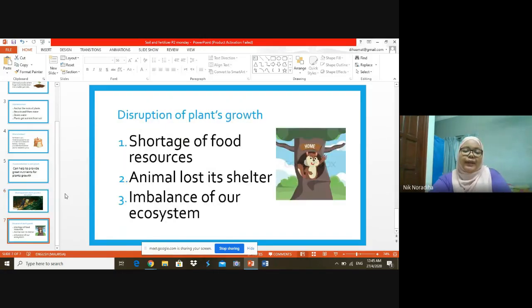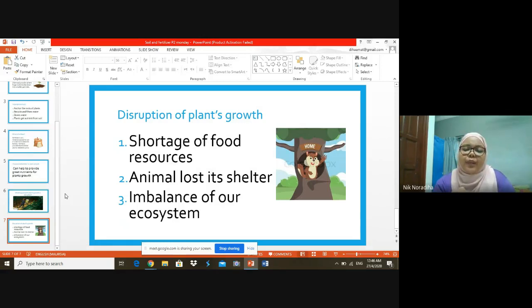Okay, so when the plant's growth is disrupted, first of all, the unlucky thing that animals and also humans will experience is, the first one, a shortage of food resources, because many plants are food resources for humans and animals, right? So when there's a disruption in plant growth, of course, a shortage of food resources will happen.